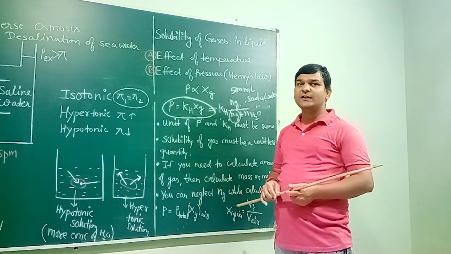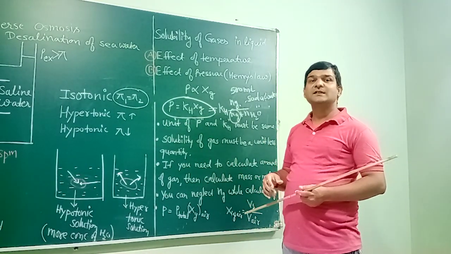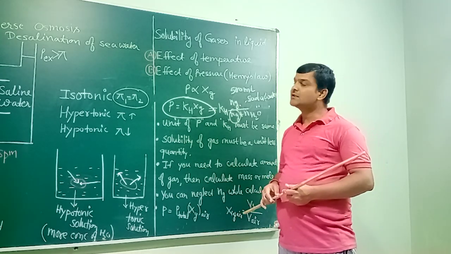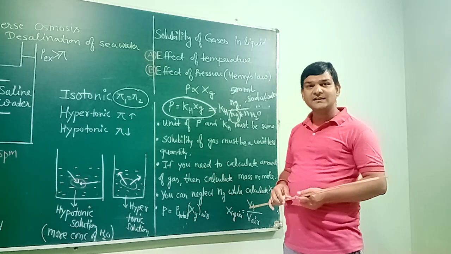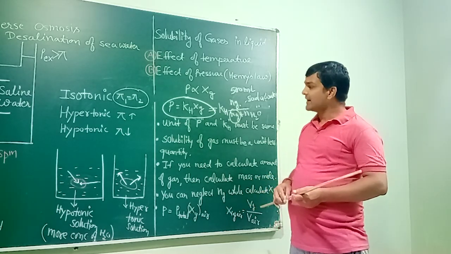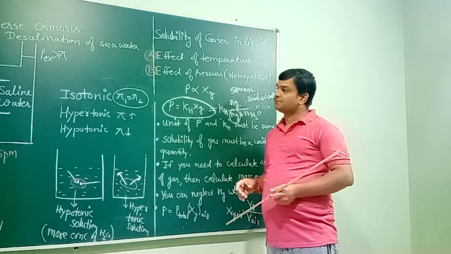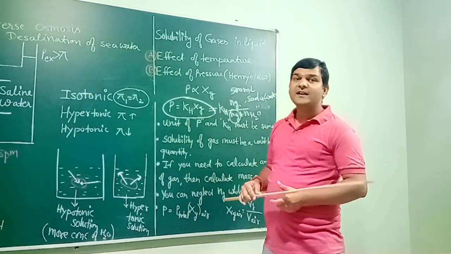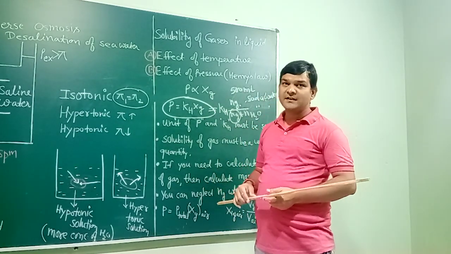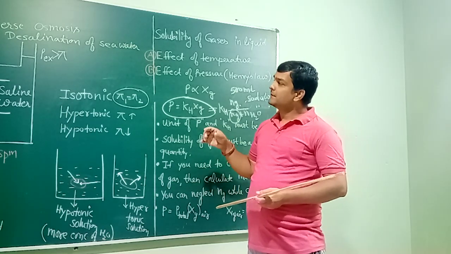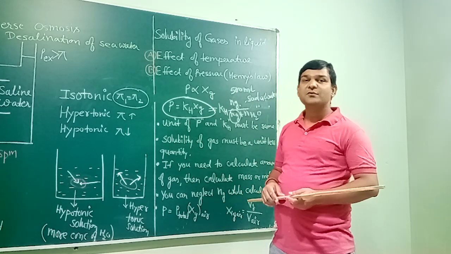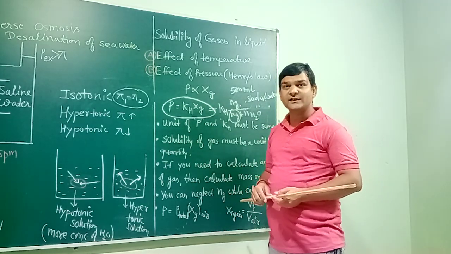First, I told you earlier that cold drinks or soft drinks are sealed at high pressure to increase solubility of gas in soda water. Second example, a good example, this you can ask in your exam also. At high altitudes, on a mountain, the pressure of air decreases, therefore partial pressure of oxygen also decreases.